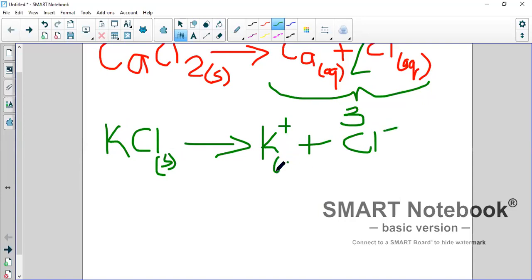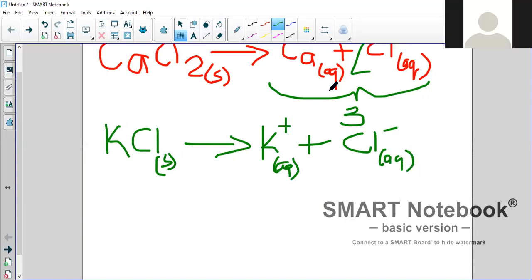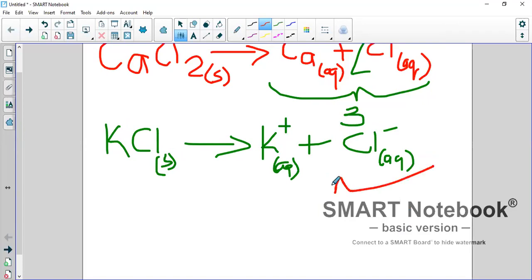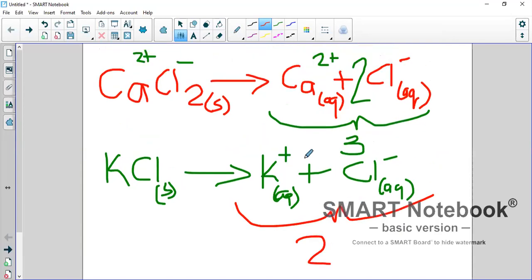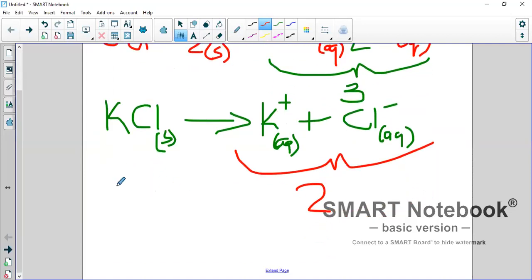That's your aqueous, and that's your aqueous. If you check how many ions we have here, we're going to have 2. So the more the ions, the higher the conductivity. So your calcium chloride has got 3 ions, so it is more. But we still have sugar there that was given, right?